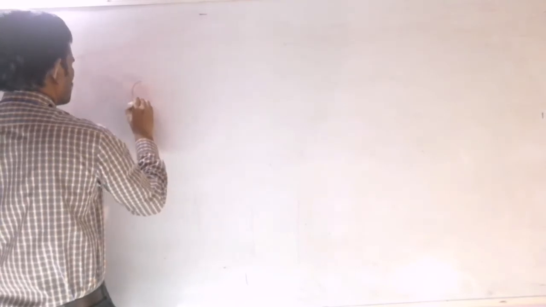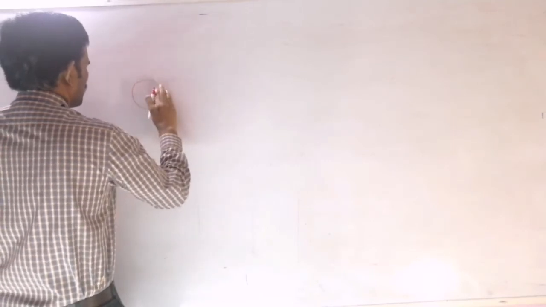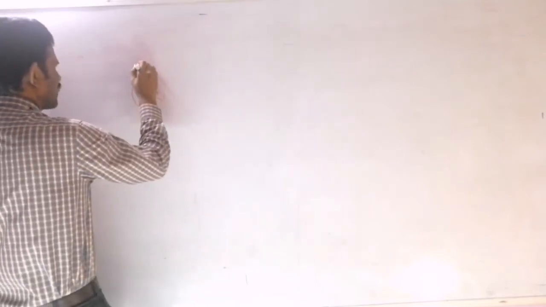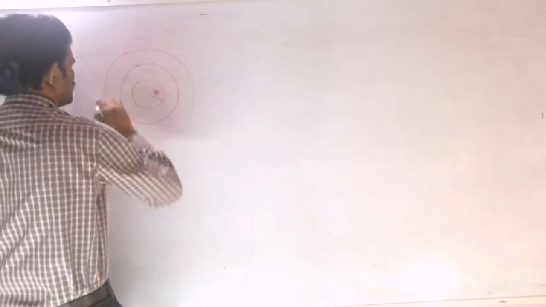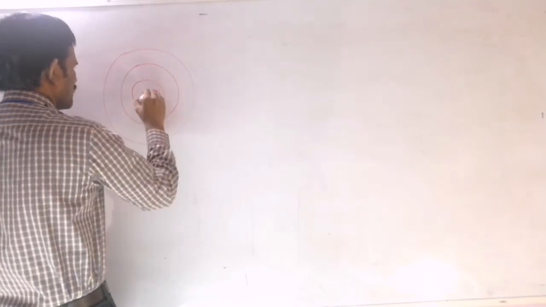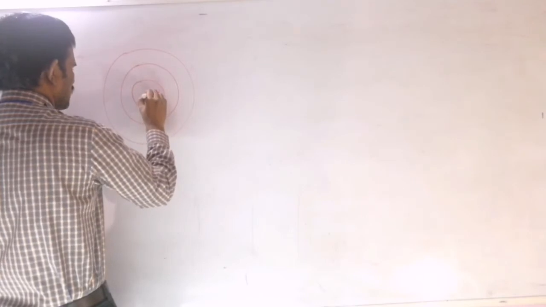This is a solid cylindrical cable of radius A, and it is surrounded by another cylindrical shell like this. Its inner radius is say B and outer radius is C.